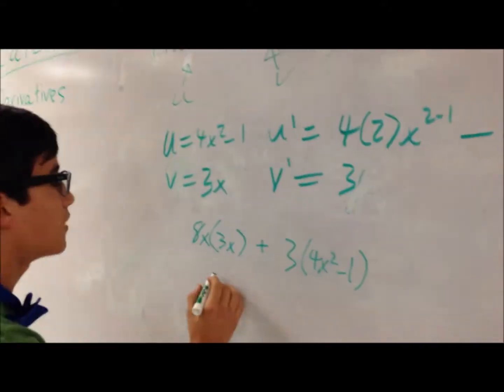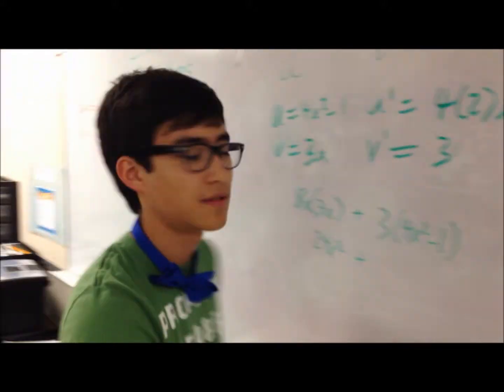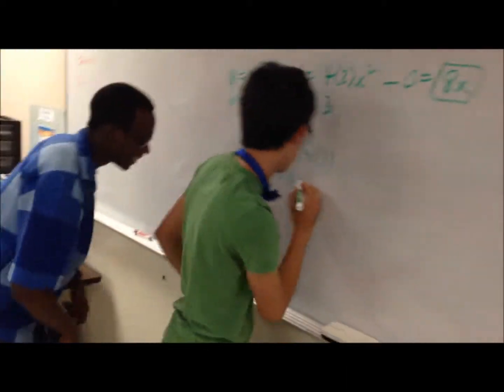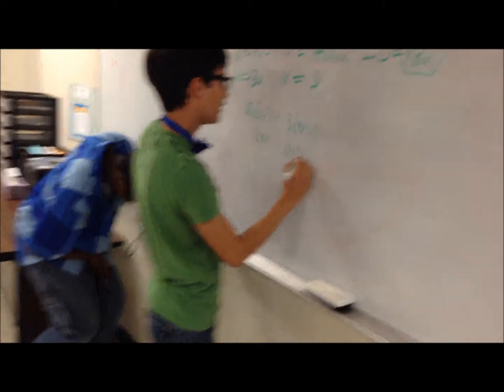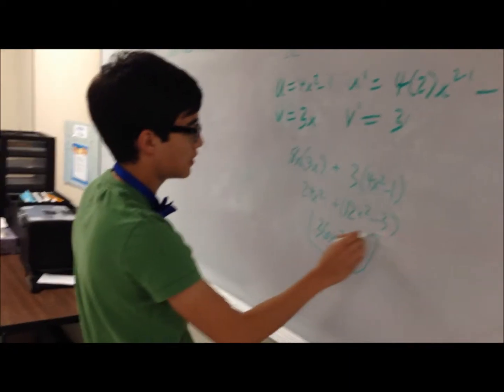This will all simplify out to 24x squared plus 12x squared minus 3. Anyways, so 36x squared minus 3 is your final solution.